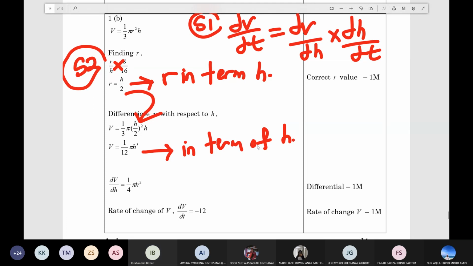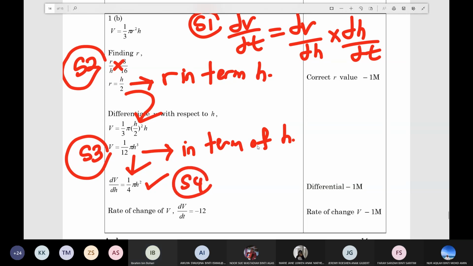Okay, and here you punya step 3. Okay, kita buat step by step. Okay, and find the dV over dh, 1 over 4 pi h square. Okay, and the rate of change of the rate of decrease dV over dt equals to the negative 12 centimeter cube per second. This one you punya step 4.